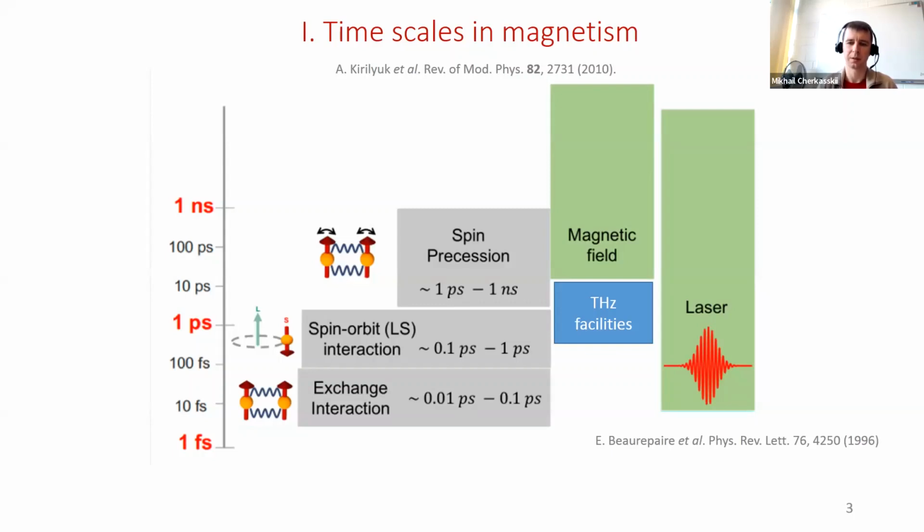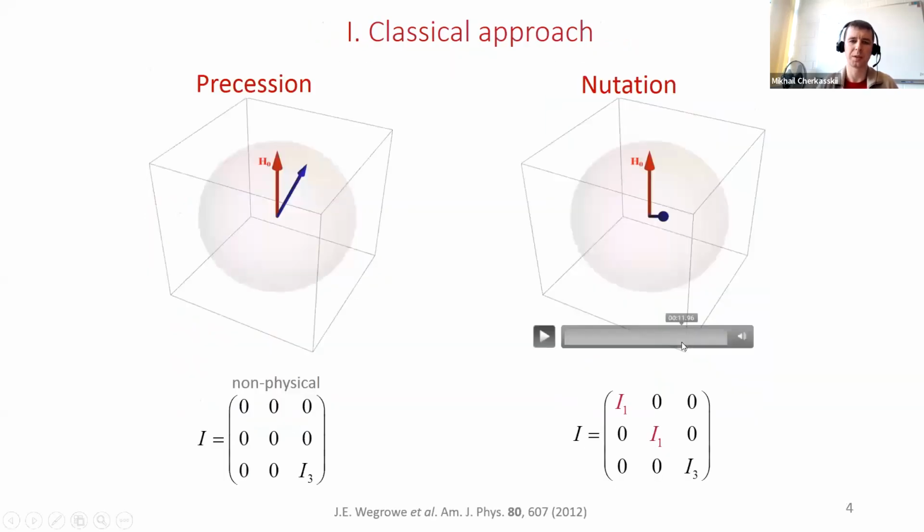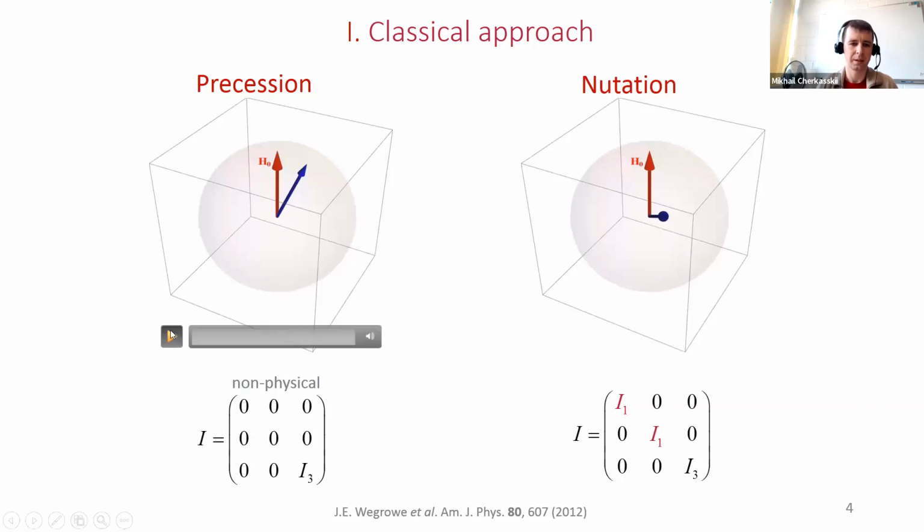It was discovered with a direct quantum approach, but here I will focus on the classical approach, and within this framework, the dynamics of magnetization can be juxtaposed with the dynamics of a spinning top precessing in a gravity field. Here you can see the animation of how the magnetization vector, which is blue here, goes around the effective orientation of the magnetic field in ferromagnets.